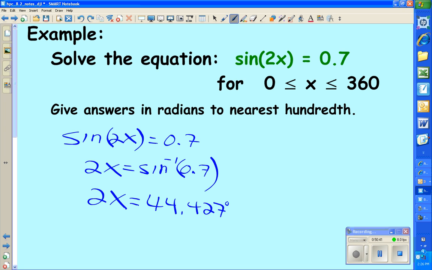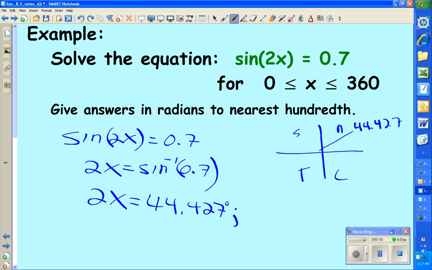44.427. Don't do any work with that, because you need to also realize that that's only one of the 2 possible answers. One of the answers is 44.427. You need to come over here. Here's your 44.427, and you use the little All Students Take Calculus on this one.